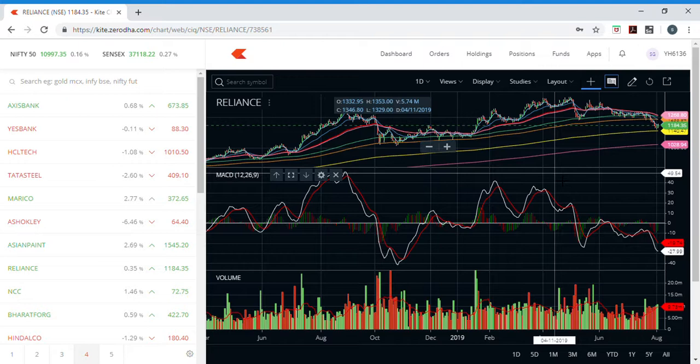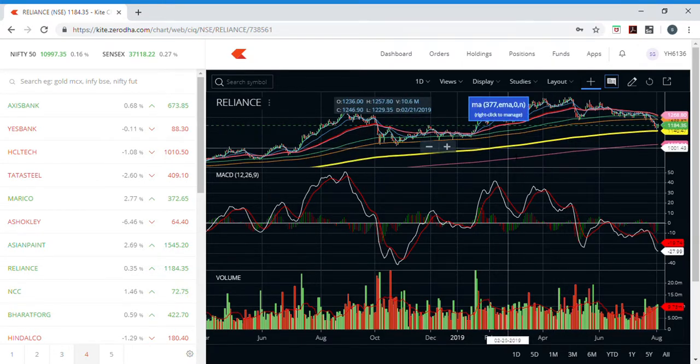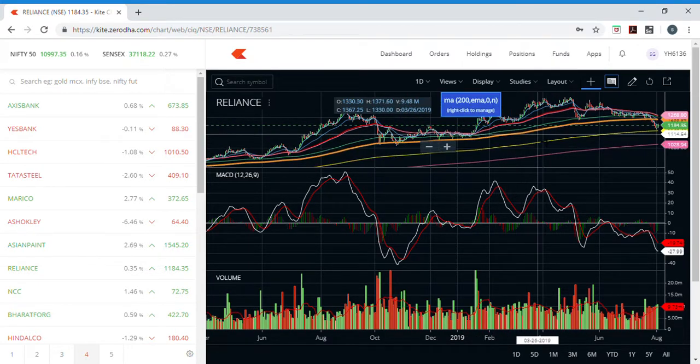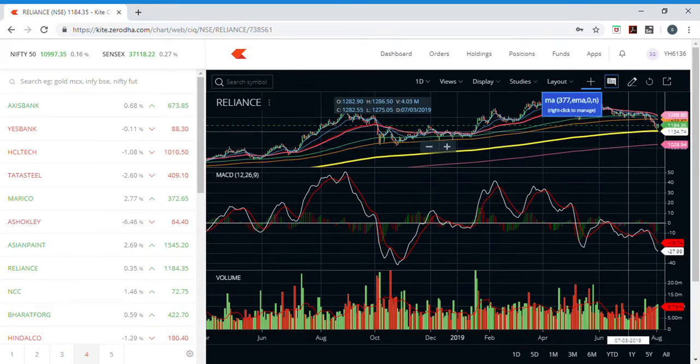As an example, in this Reliance trade, you can see there is a fall in Reliance after results. It took a pause at the 377 EMA, and 377 is a Fibonacci number. For those of you who do not know about Fibonacci numbers, let me tell you how they start. The Fibonacci series starts with 1, and each number is the sum of the two previous numbers.